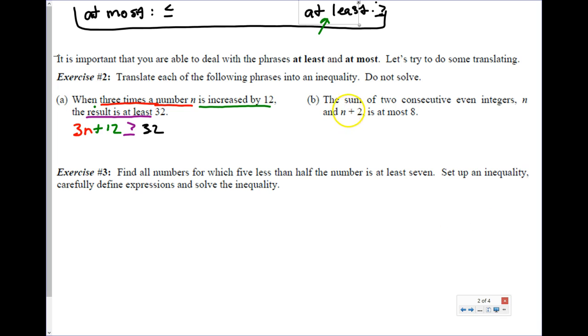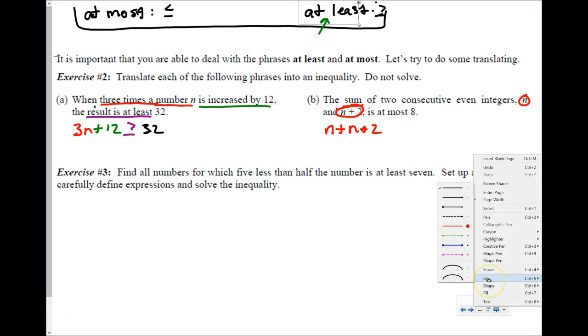B. The sum of 2 consecutive even integers, n and n plus 2, is at most 8. So I'm thinking sum, so I'm thinking adding here, and I'm going to be adding what? n, and I'm going to be adding n plus 2. So I'm going to start my problem off by saying n plus n plus 2, there's my sum, and then translating the inequality.